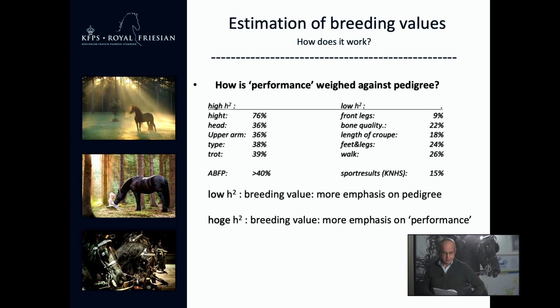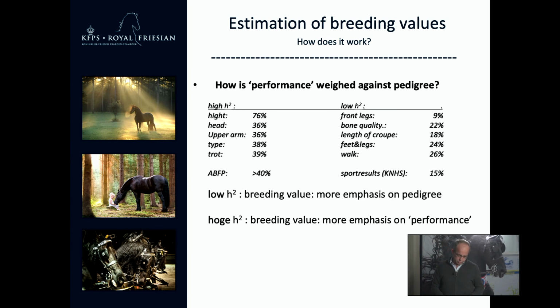The same is true, for instance, for the scores for the head of the horse, which is hardly influenced by the environment, as you can understand. Also the length of the upper arm, the major breakdown trait racial type, and the trait trot are less influenced by environment, and that's why they have a relatively high heritability.